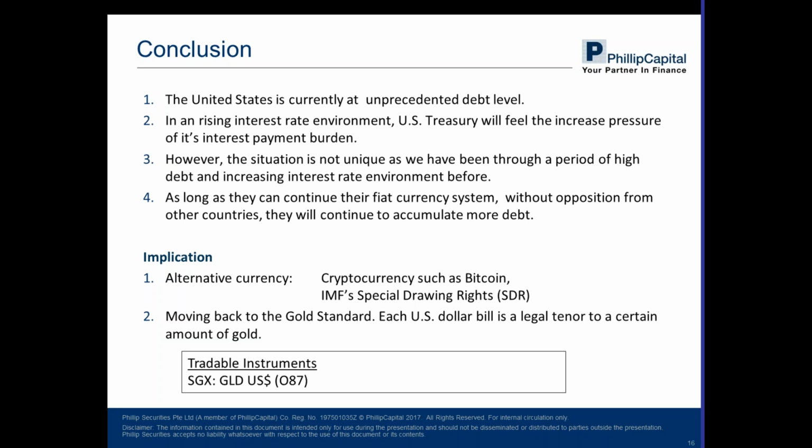If we all live through it, we know that Richard Nixon was the president that lifted the US off the gold standard. As of today, without a gold standard, the US dollar bill in every single American wallet is actually just a promise from the government to pay. If they were to move back to the gold standard, the dollar bill would once again be legal tender and a claim to a certain amount of gold.